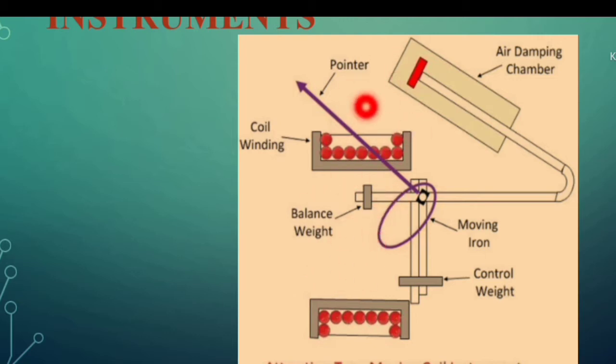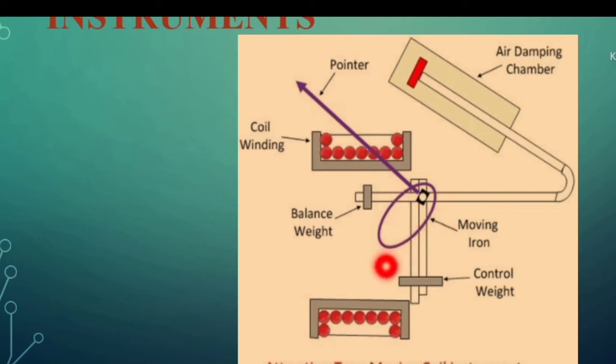A number of turns of copper coil are wound over a cylindrical structure, and the current through that coil produces a magnetic field. In that magnetic field, the moving system is the soft iron disc.